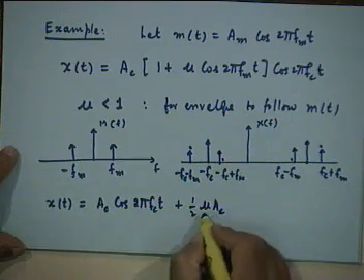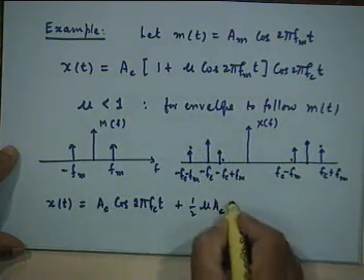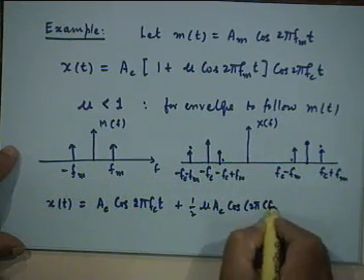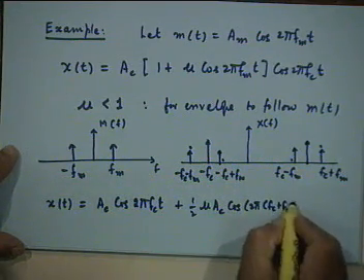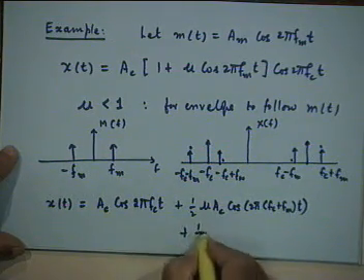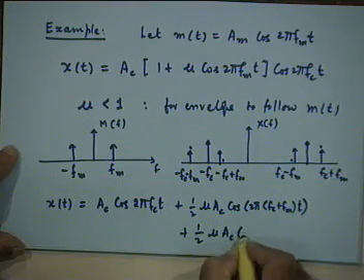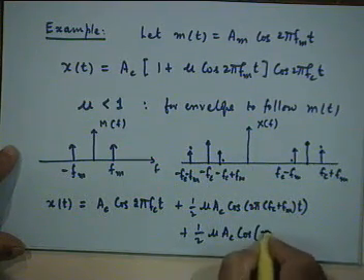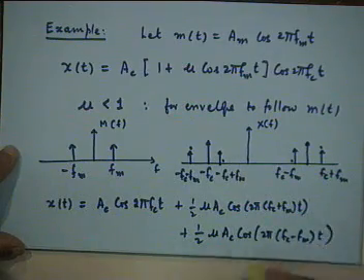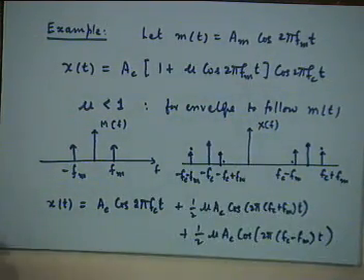The upper sideband will have an amplitude mu A_C by 2, and the signal there is cosine 2 pi (fc plus fm) t, right? Similarly, you have a lower sideband of amplitude half mu A_C, cosine 2 pi (fc minus fm) t, right? Just by simple trigonometric identities you can write this.